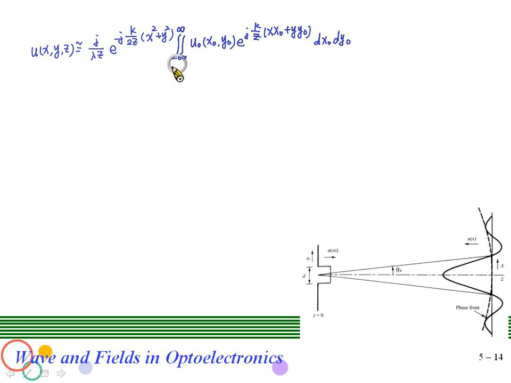And in the integral, we can put in the definition of the rectangular slit U0. The above equation can be simplified as the following equation.